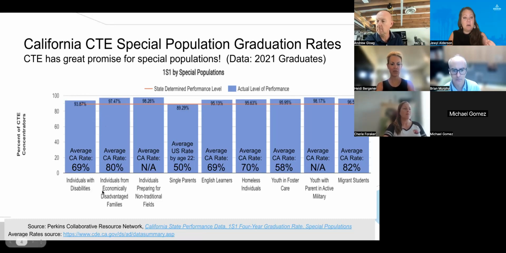And you can see here all of these different categories. For every single category, we have a very significant difference in graduation rates for those who complete CTE programs. That's one of the reasons why it's really important for us to fulfill this promise to our students by providing high quality programs such as CTE.